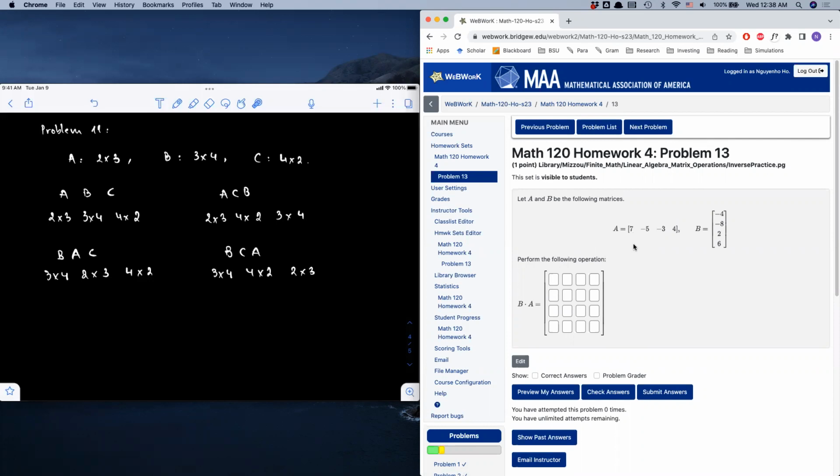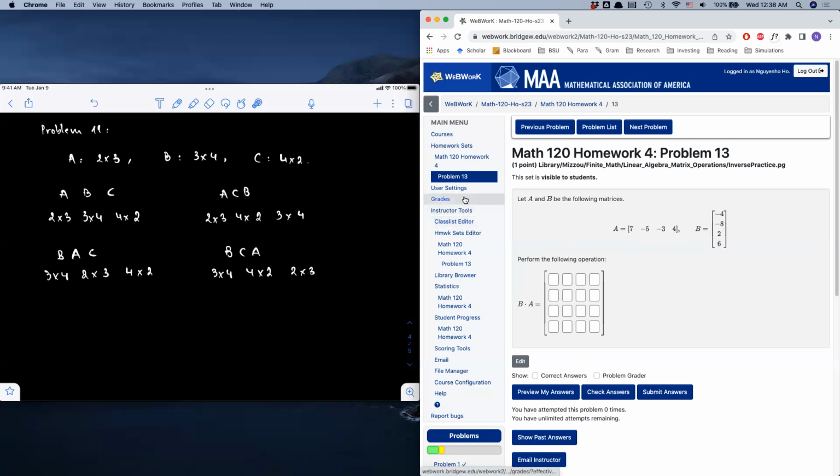So you have one row and 4 columns. Here you have 4 rows and 1 column. So if you do B times A, you're going to have a 4 by 4 matrix as a result. And that means you need to do 16 calculations.